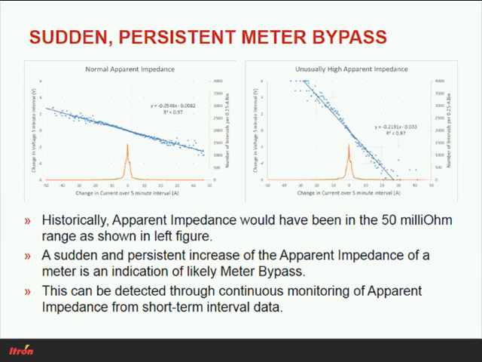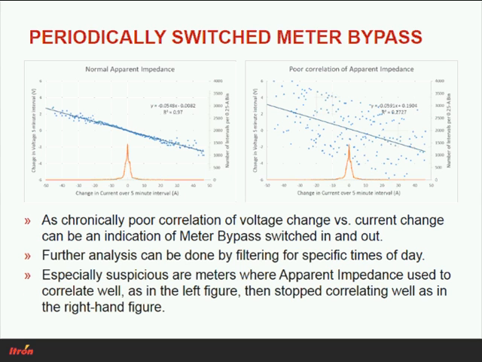And the bypass is the most likely cause, unless, of course, the utility itself has installed new conductors or a new service drop. This is when there's a permanent bypass. If there is an intermittent bypass, where they're only switching a bypass on during certain parts of the day, you would see a bad correlation.